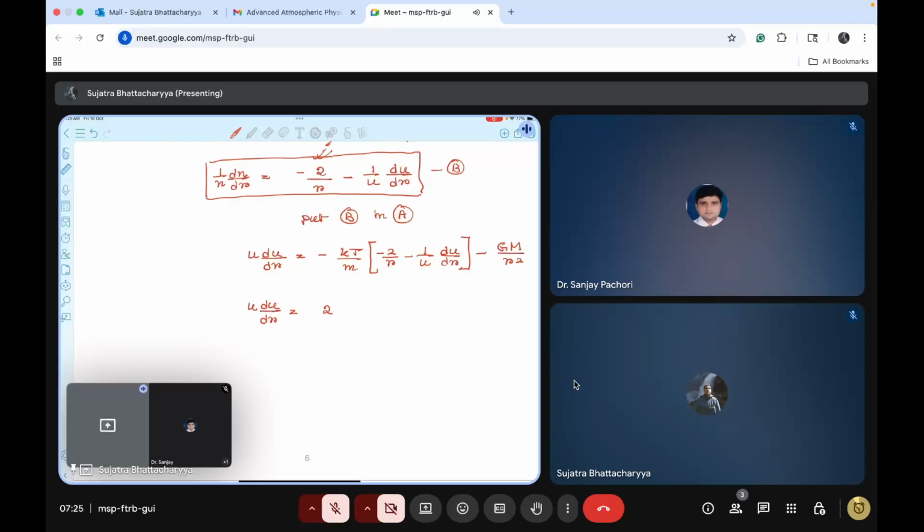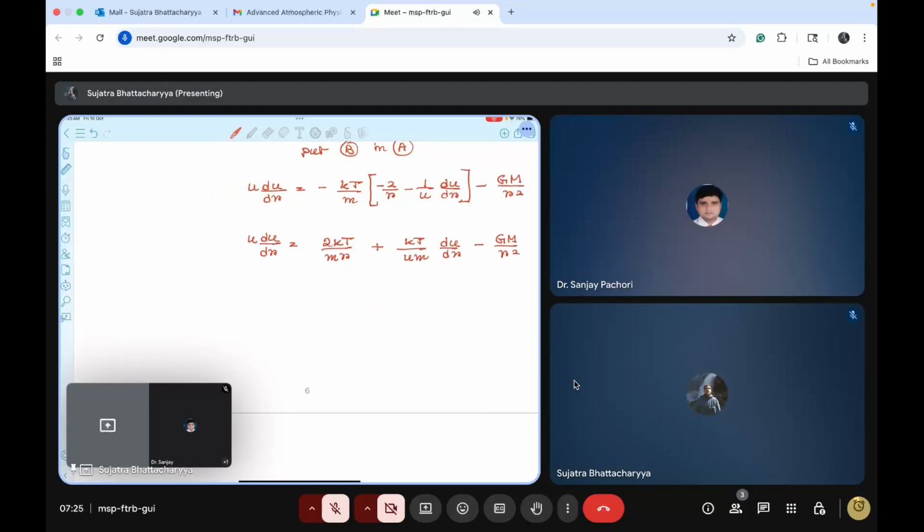So it will be 2kT by mr plus kT by um du/dr minus GM by r squared. The only difference is that in the NPTEL lecture notes it will be 4, here this will be 2, because we have taken 2kT by m there, but here it will be like this. All right, this is done.